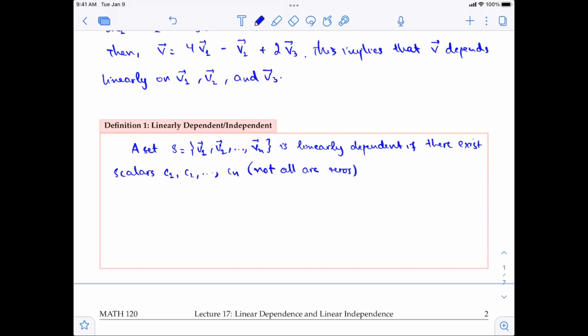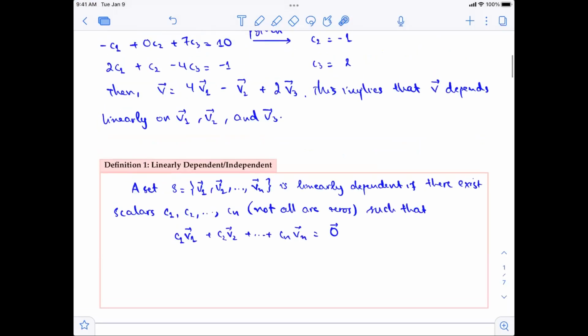Right, so there might be some zero for C1, C2, C3, something like that, but not all the scalars are zero, such that you have C1 V1 plus C2 V2 plus up to Cn Vn equal to the zero vector.